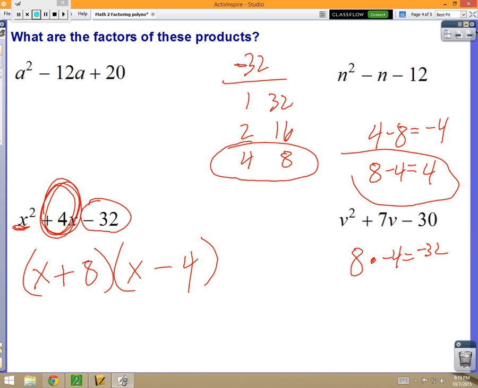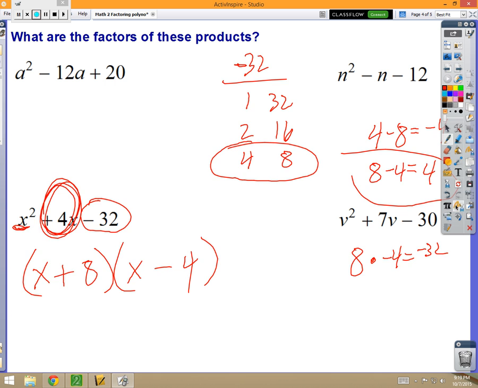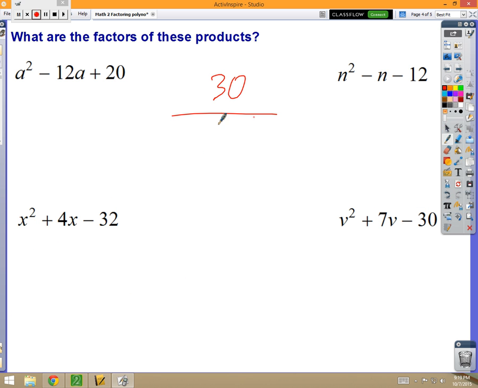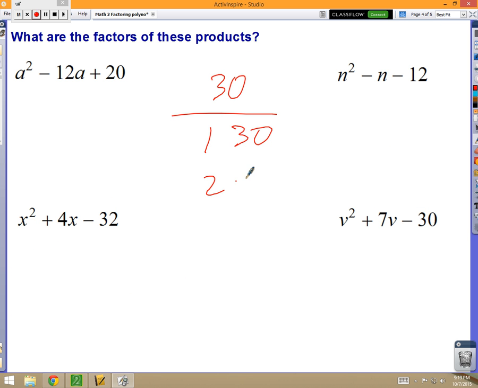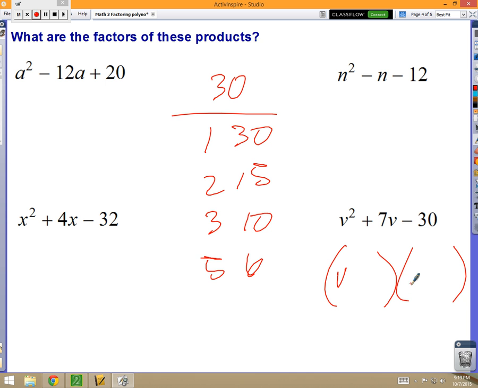Okay, the last one, times and get 30. So list my options for 30. That's 1 and 30. That's 2 and 15. That's 3 and 10. And that's 5 and 6. So I've got 4 options now. Only one of those 4 will work.